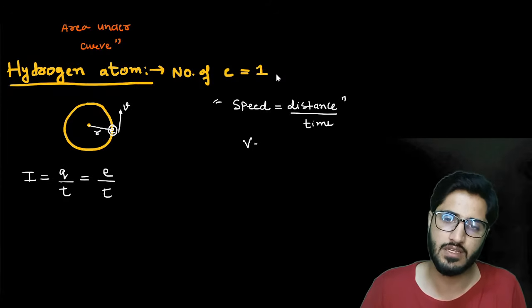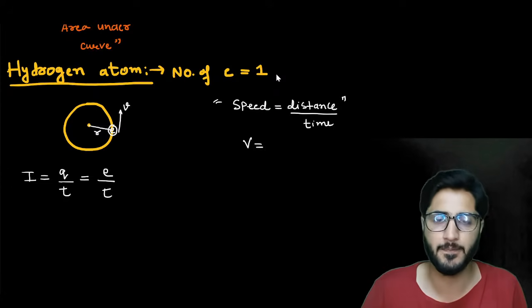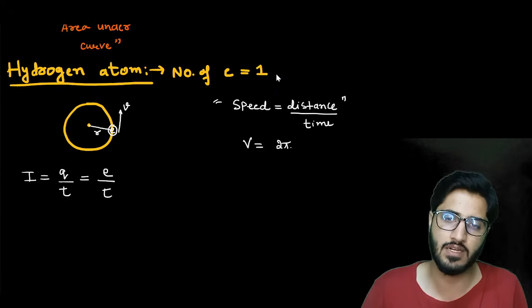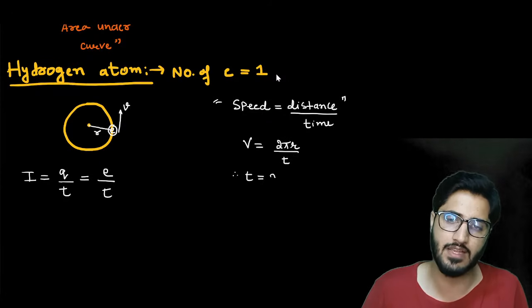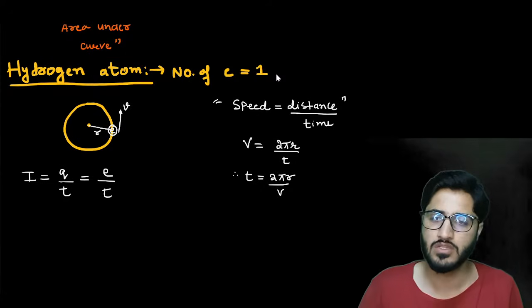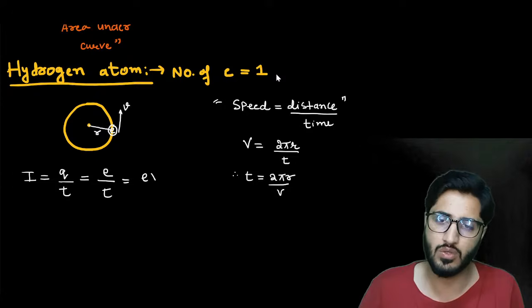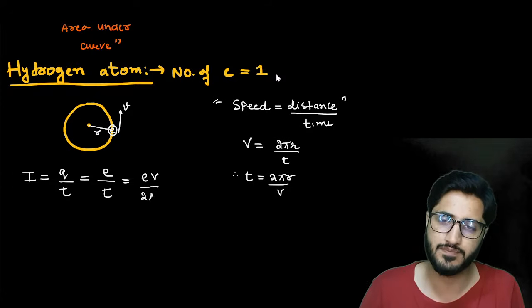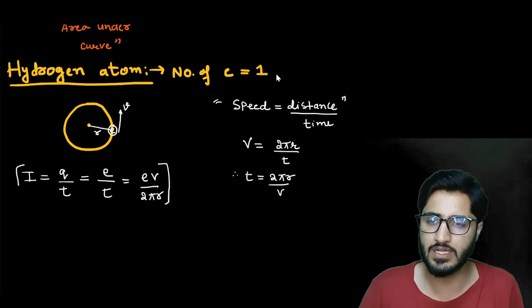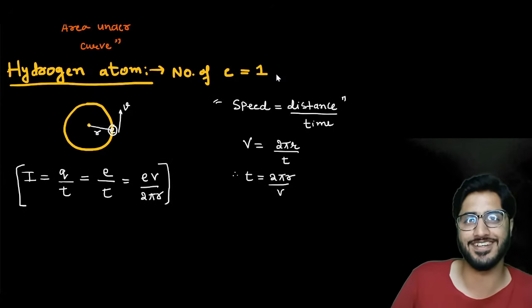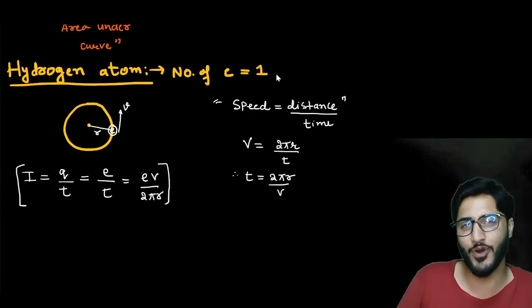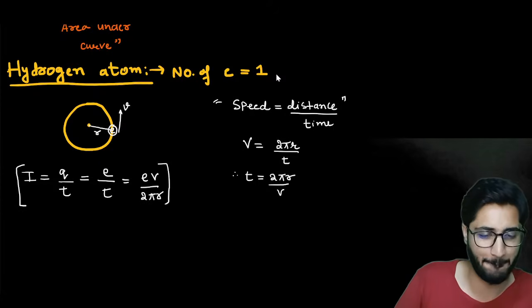Speed is v, distance is how much? 2 pi r, the circumference of the circle, divided by time t. Therefore, time I can write as 2 pi r divided by v. So I can write I = e v divided by 2 pi r. This is the value of current flowing in a Bohr's atom, the hydrogen atom.